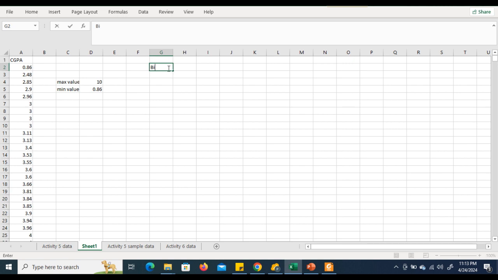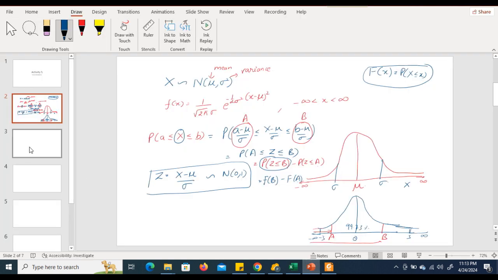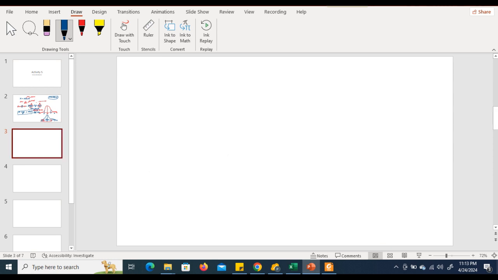What is the bin value? The bin value is basically the length of the interval. What does it mean? Suppose we are given data in discrete form: 1, 1.12, 1.23, 1.345, 1.47, and then 1.6.